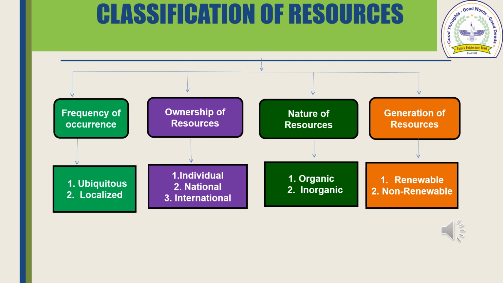Renewable resources are those resources which are continuously renewed by the natural forces. For example, air, water, etc. Non-renewable resources are those resources which, once used, are lost forever, and such kinds of resources cannot be repeated again in the same form. For example, petrol, diesel, natural gas, etc.